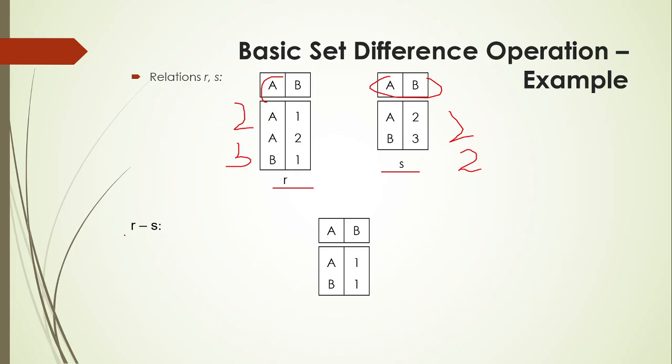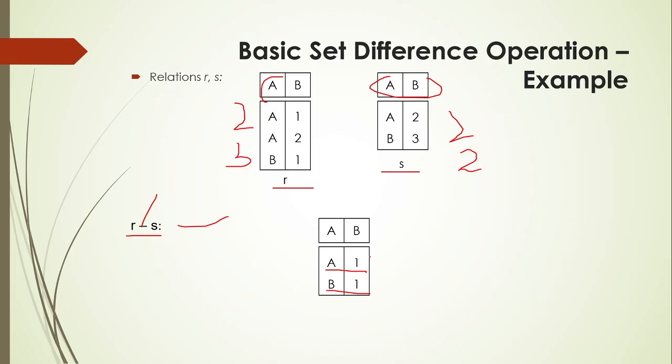When we apply a set difference operation, it is represented with the minus symbol, as R minus S, and the result is A1 and B1.